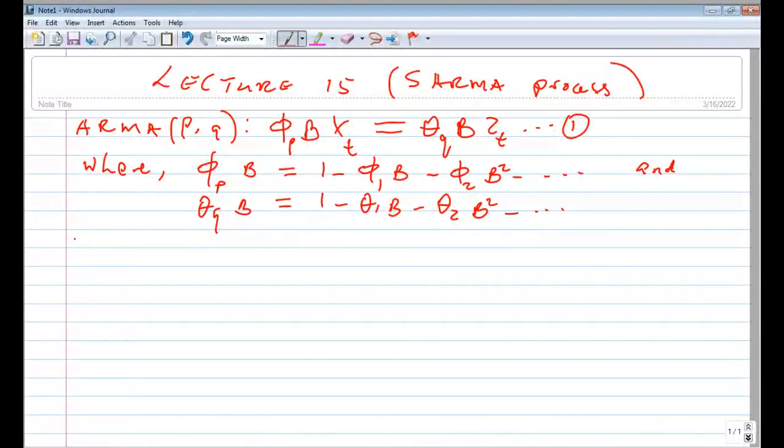Then from equation number 1, which is the ARMA process, we can add another part there. From ARMA(p, q), remember, you have got phi_p(B).